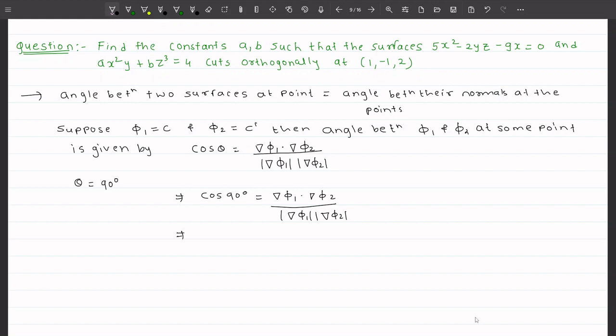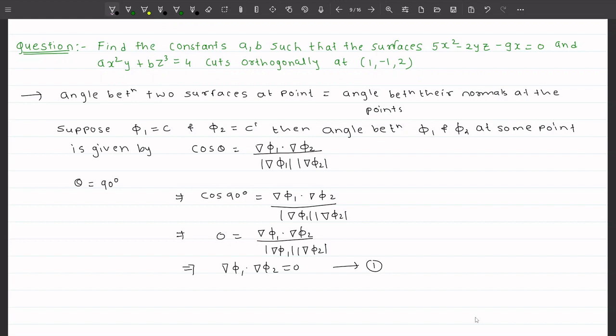Because cos 90 is 0, we get gradient of phi 1 dot gradient of phi 2 equals 0. Mark it as 1. This is the result we get when the two surfaces are orthogonal.